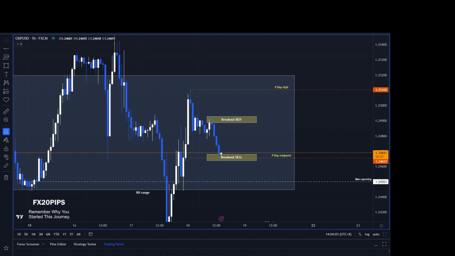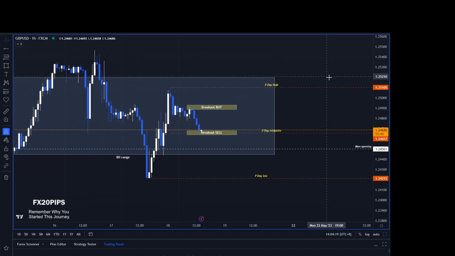Currently I'm just trying to keep repeating myself every day: look at the 8 hours range, draw the daily high and low and midpoint, so that if you are following my method, there's a routine and habits that you will do every day.